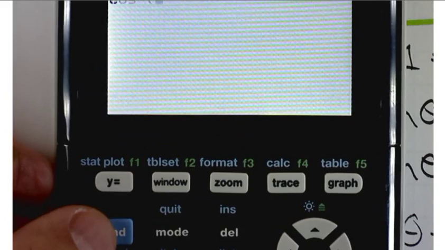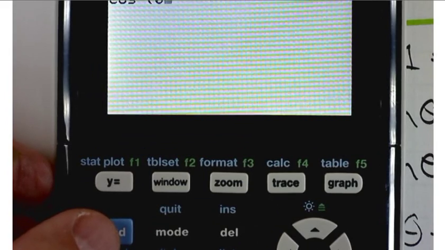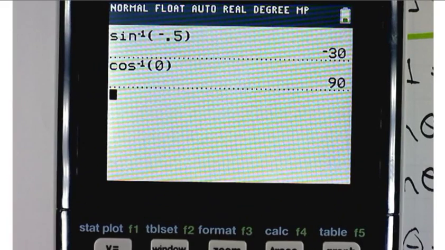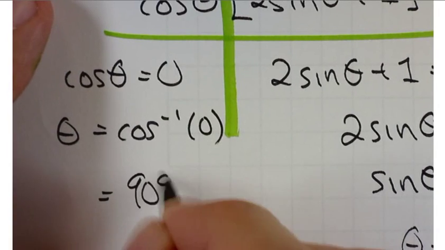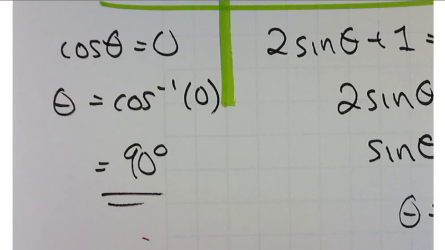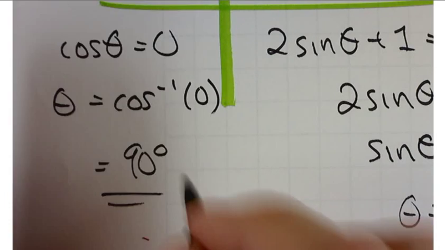So cosine inverse of 0, 90 degrees. Again, you're going to answer in radians, but I mean, how many people would recognize 1.57 as, oh gee, that's pi over 2? And if you can, great, but that's not me. All right, or maybe it isn't. I'm being modest, not sure. All right, 90 degrees, pi over 2.